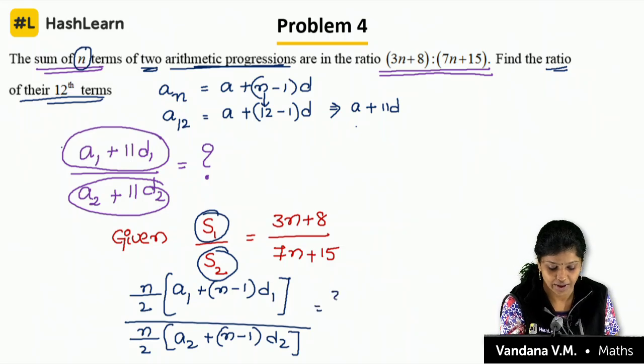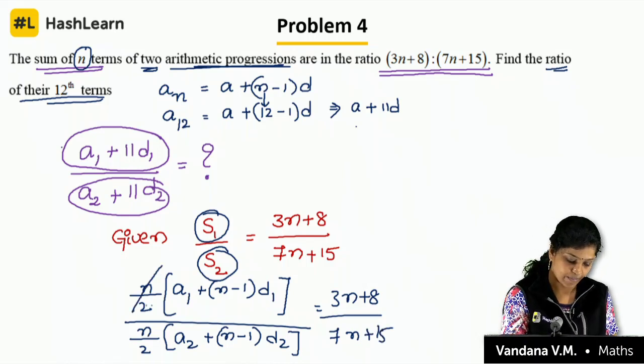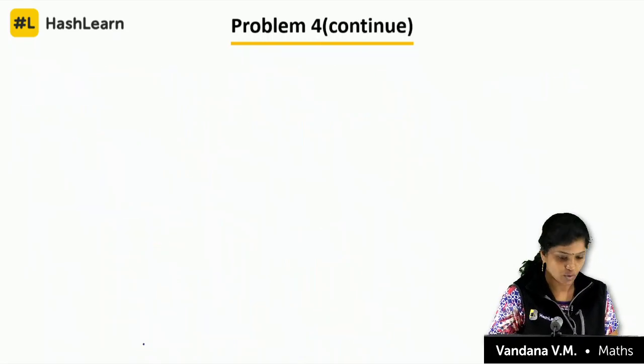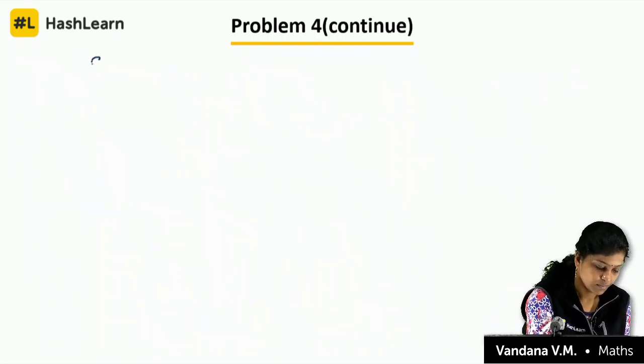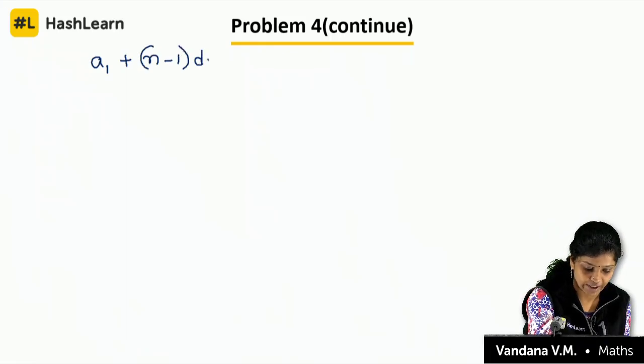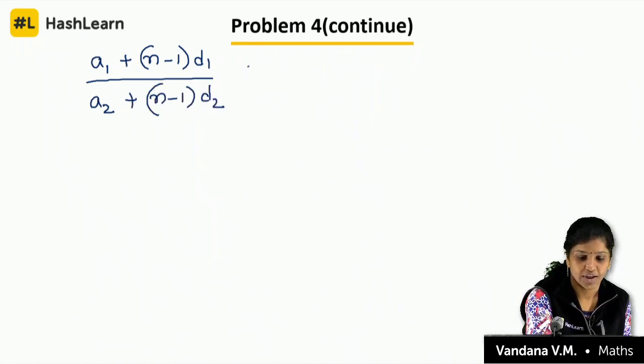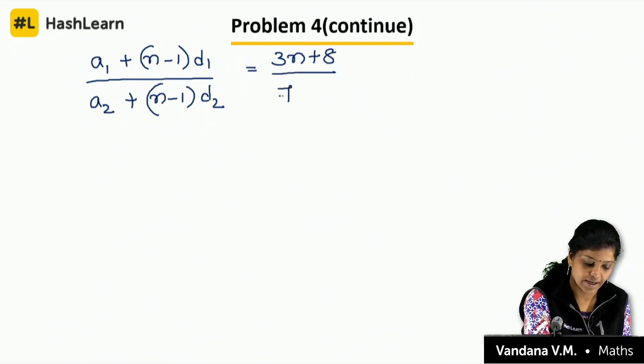That ratio is 3n plus 8 by 7n plus 15. n by 2 will get cancelled. Now I am left with a1 plus n minus 1 into d1 divided by a2 plus n minus 1 into d2 is equal to 3n plus 8 by 7n plus 15.